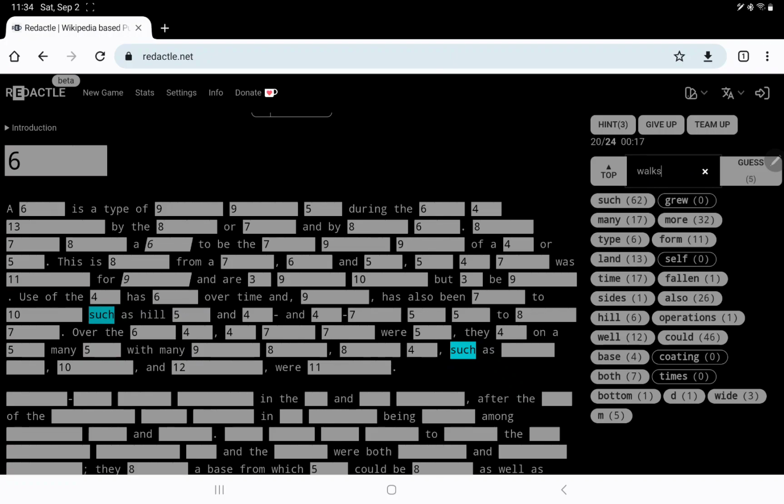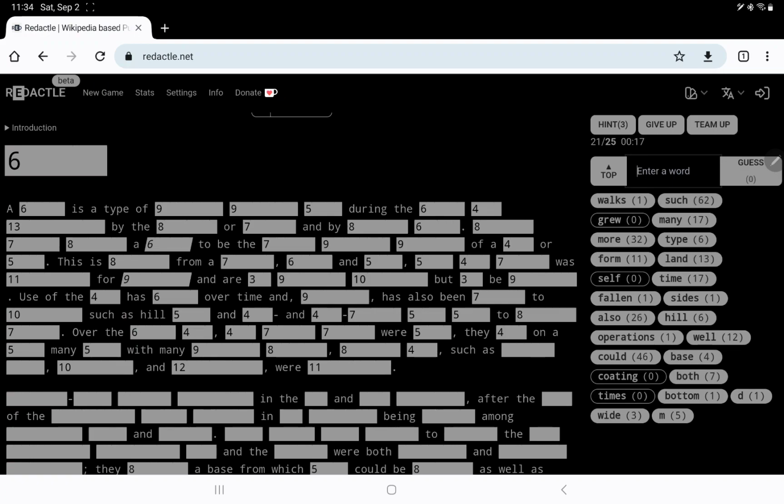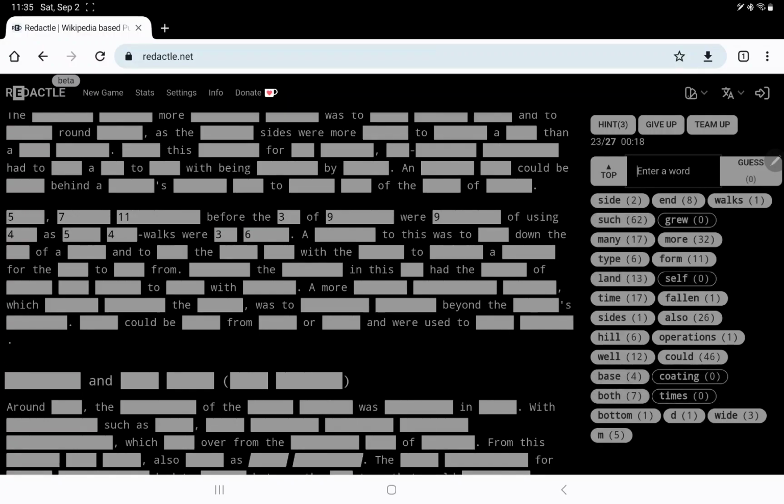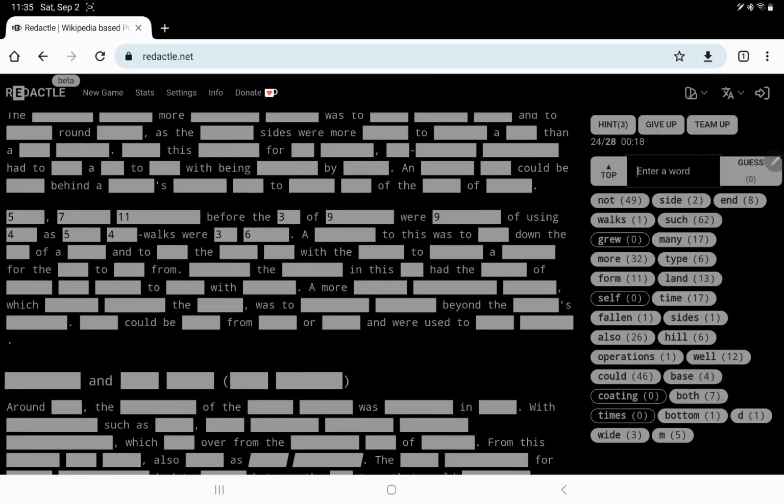Well, let's try walks. No, there's a single walks. 7-Eleven before the end of, before the something of 9 were something of using 4 as 5 dash. Sidewalks? No. We're not.